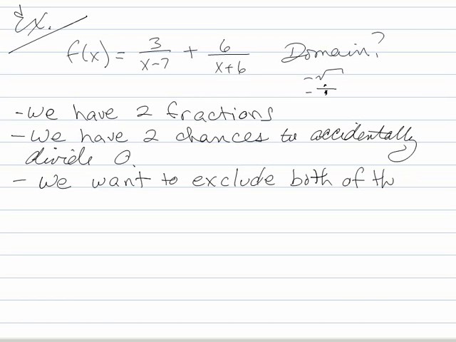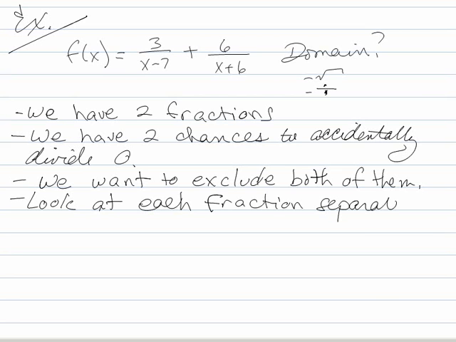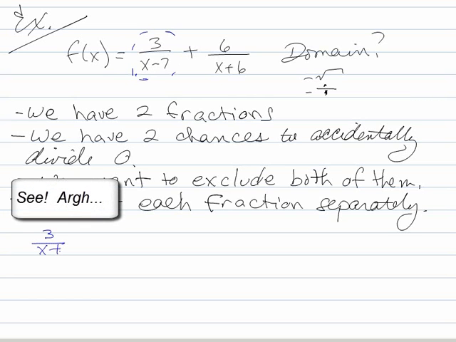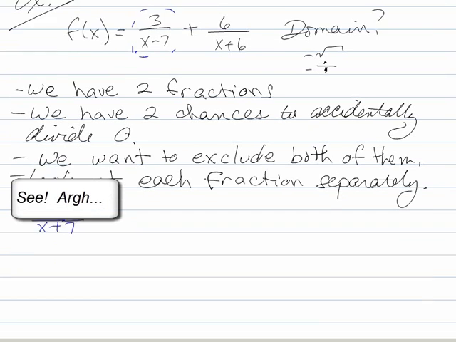All right, so look at each fraction separately. Let me look at this fraction first. I've got 3 over x plus 7. Now we said we don't want to divide by 0.